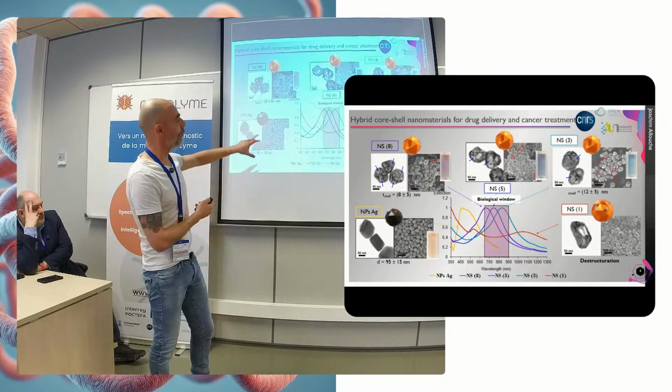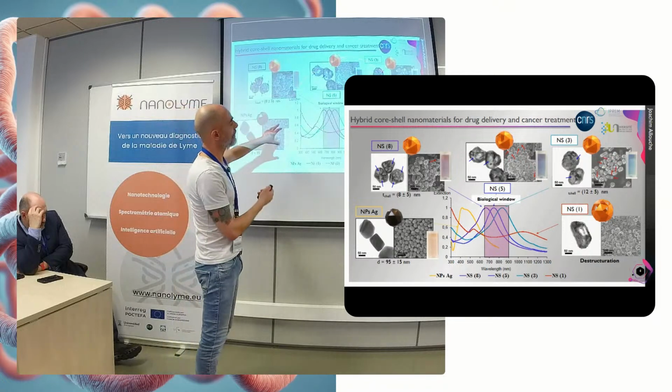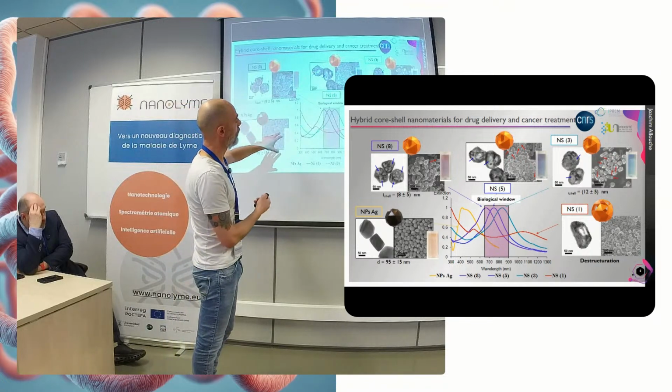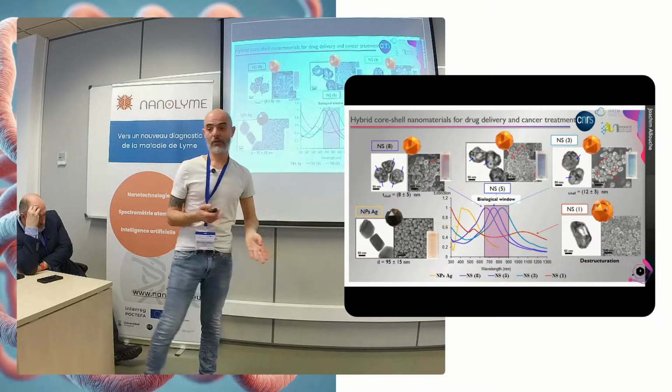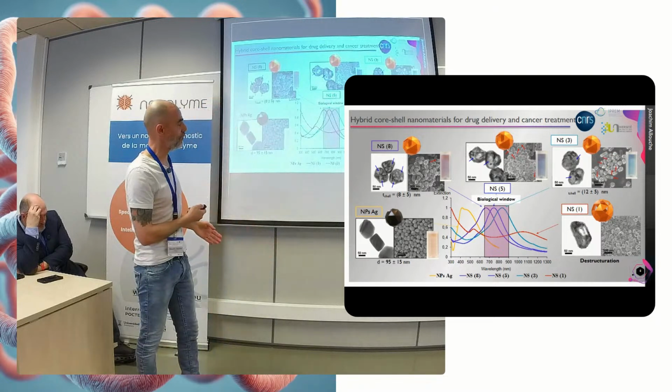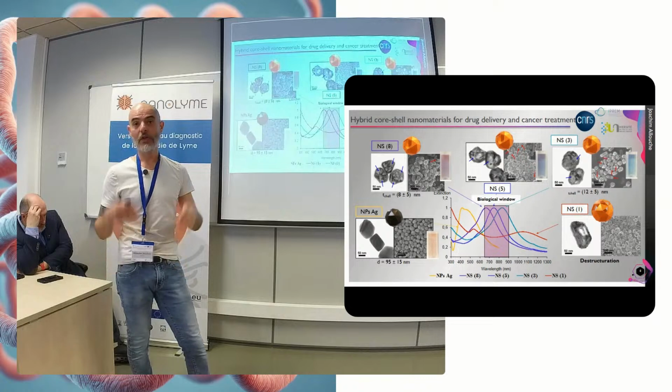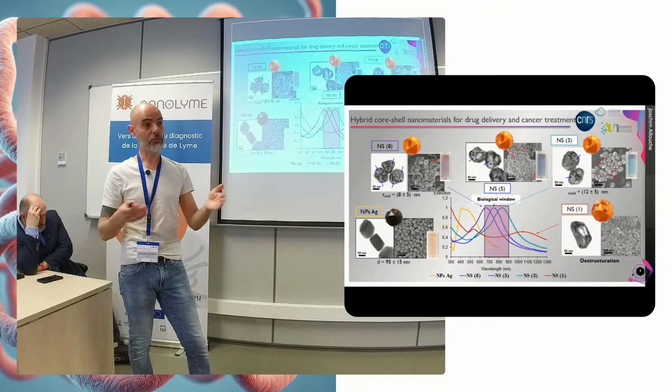So by developing this core, we wanted to target this region of the light, typically called the biological window, because in this region we are close to the near-infrared region in which the tissues are transparent to light.